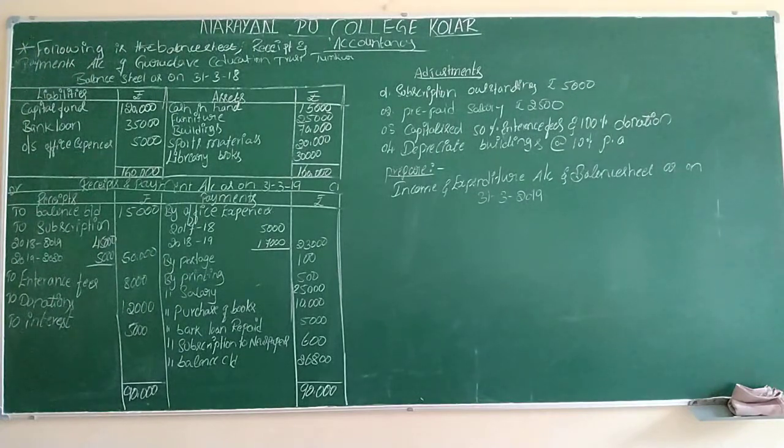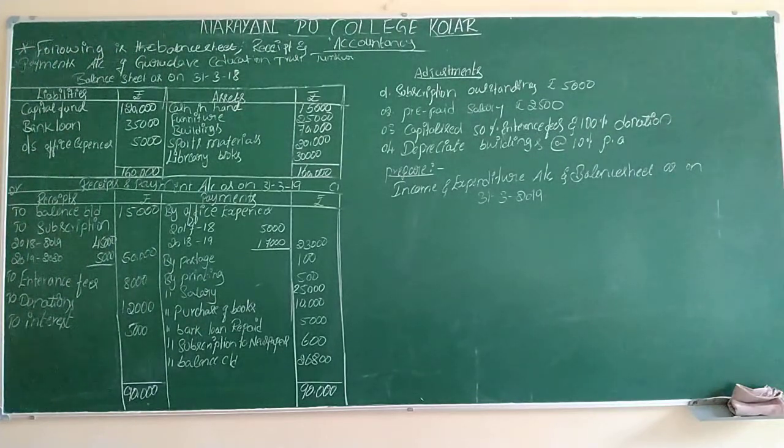And finally, balance carried down 26,800, total 90,000 on both sides. This is the detail about the receipts and payments account.